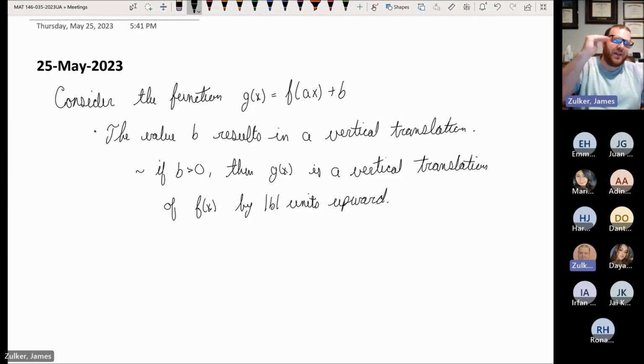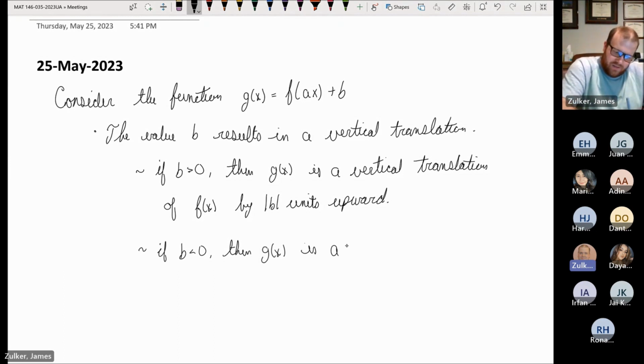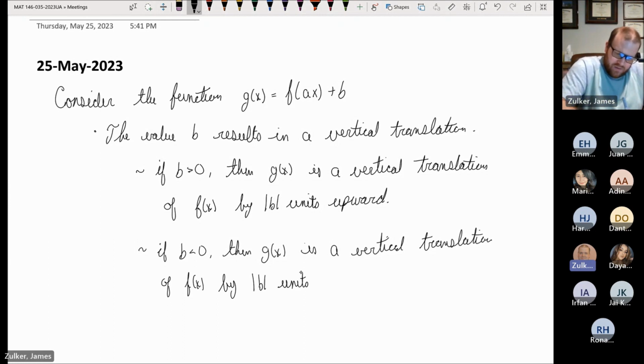So it just shifts the graph of f of x b units upwards. If b is less than 0, then f of x is shifted absolute value of b units downwards.